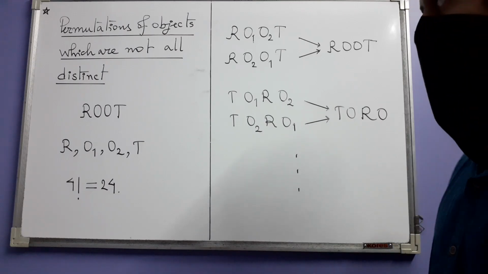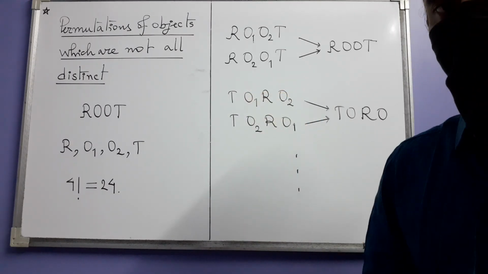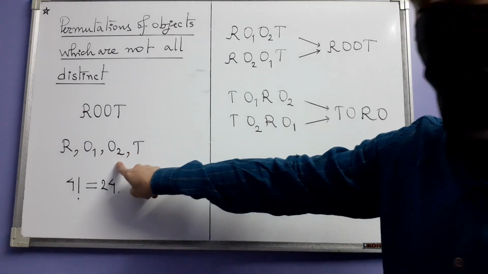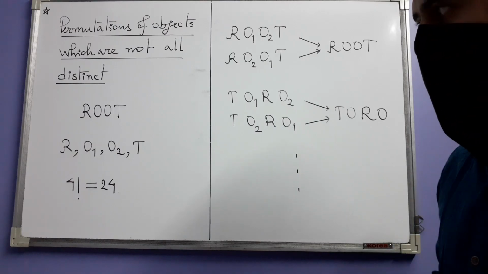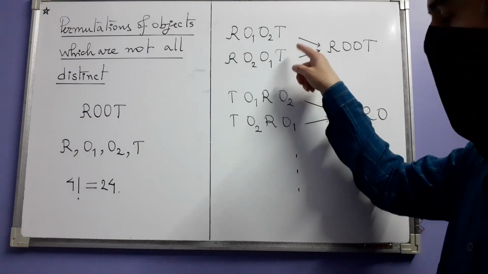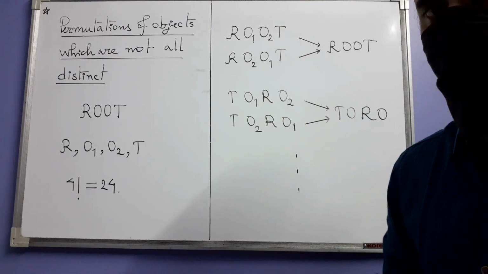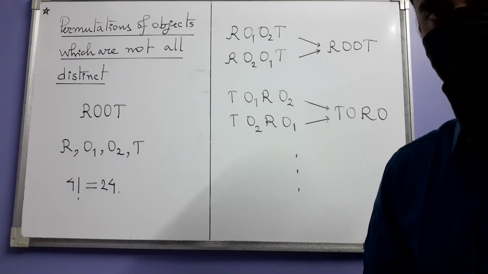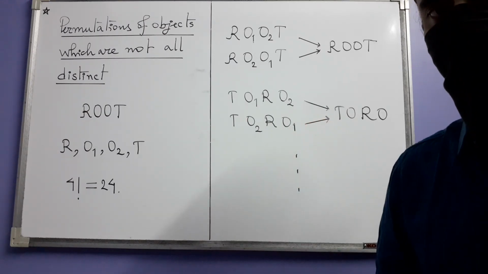So every time you have some arrangement, it is getting doubled because of what you have done here, that you have distinguished these two O's, which actually are just identical. So that means you should really get how many? 12 arrangements, not 24, which means that you are having to divide 24 by 2.